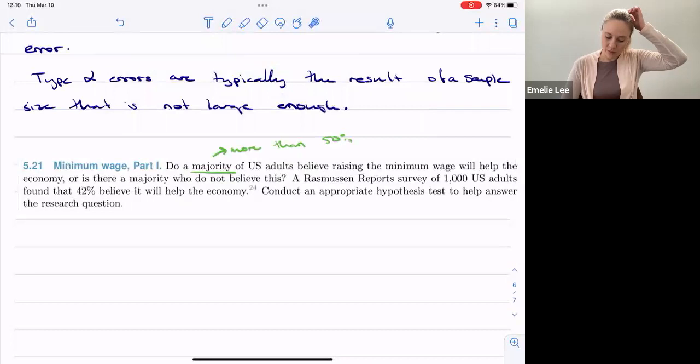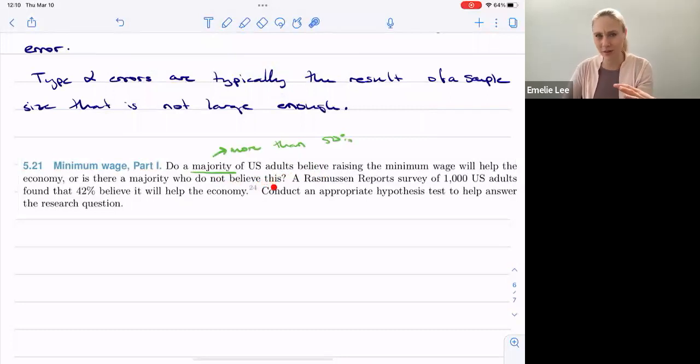Do a majority of US adults believe raising the minimum wage will help the economy, or is there a majority who do not believe this? That's kind of a weird question, right? Is there a majority here or a majority there? Okay, so we'll try to pick this apart, and I try not to use confusing questions like this, but I do expect you to know what a majority is, and it's more than 50%.